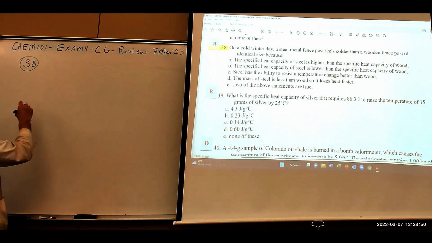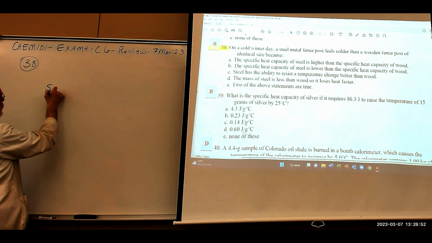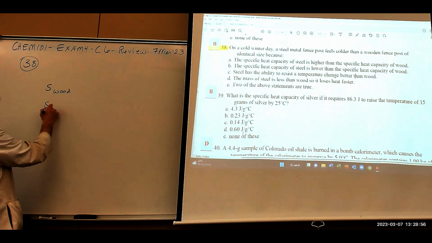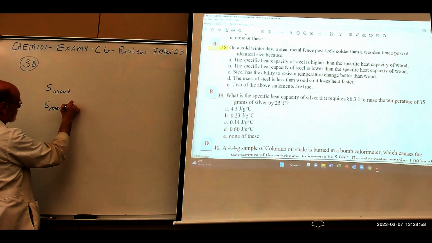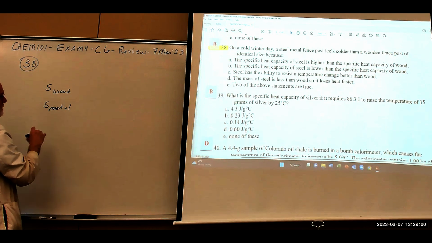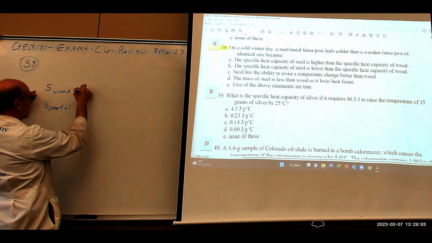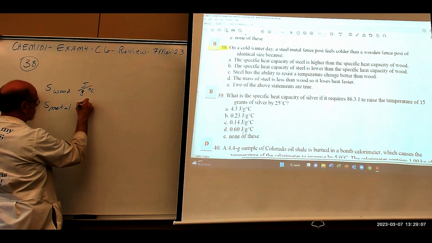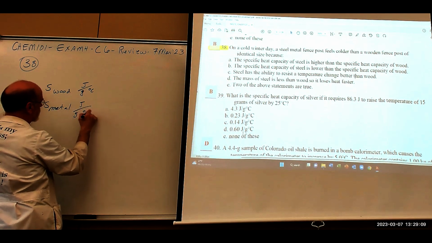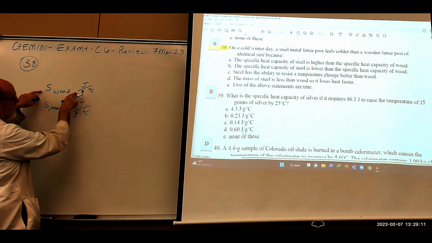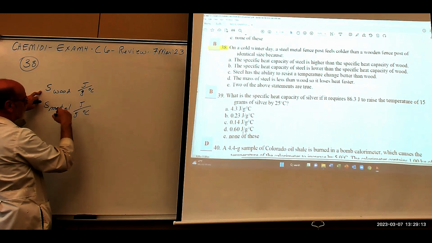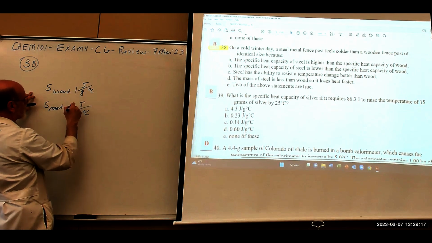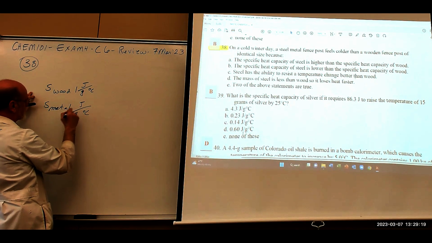Right. So if we're comparing the heat capacity of wood to the heat capacity of metal, this would be so many joules per gram degree C, both of them. But this one is bigger. We'll just make up a number. This is say 1 and this is say 0.5.